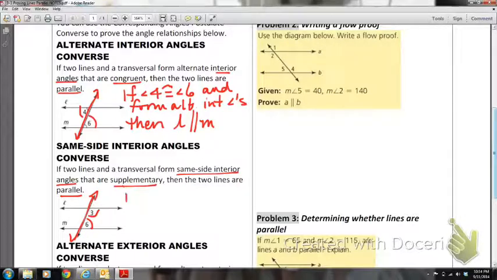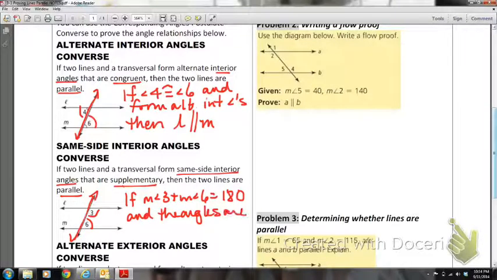So we can say if the measure of angle 3 plus the measure of angle 6 is 180, and the angles are same side interior, then we can state that line L is parallel to line M.